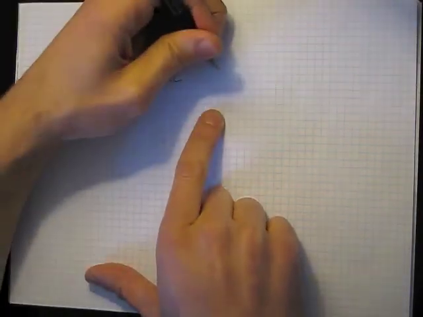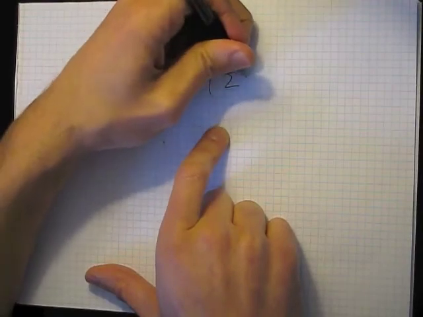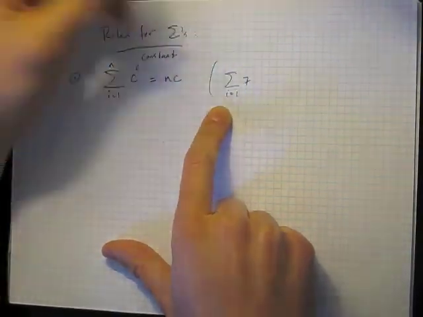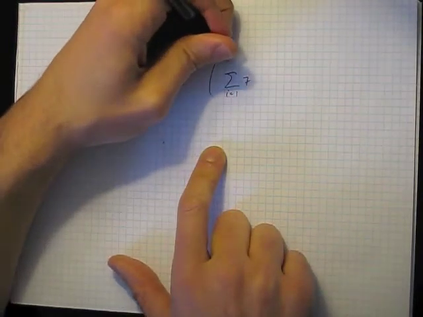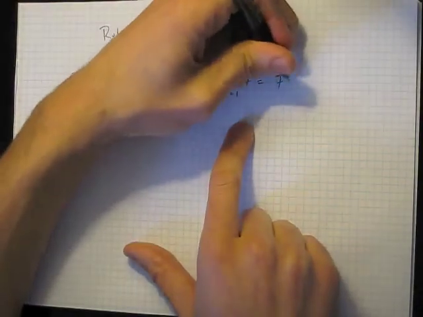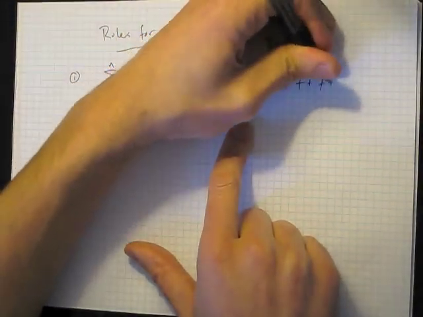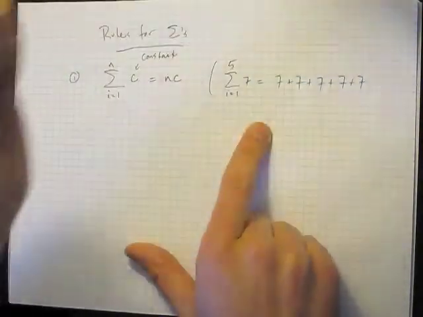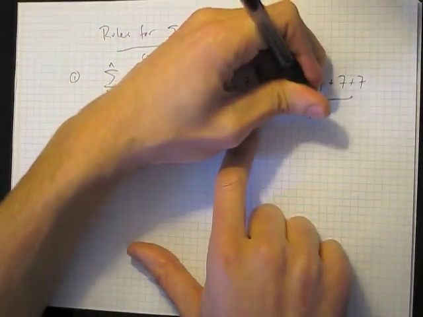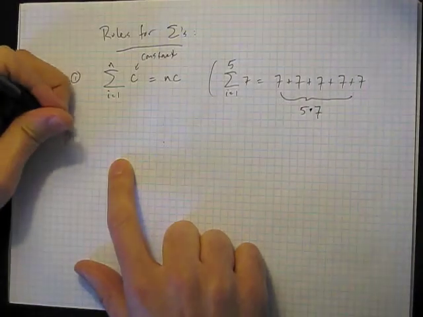Why is that? Suppose you took the number 7, a perfectly good constant, and you summed up to, well, let's do 5. Then this would be 5 copies of 7, so this would be 5 times 7. All right, that's rule number 1.